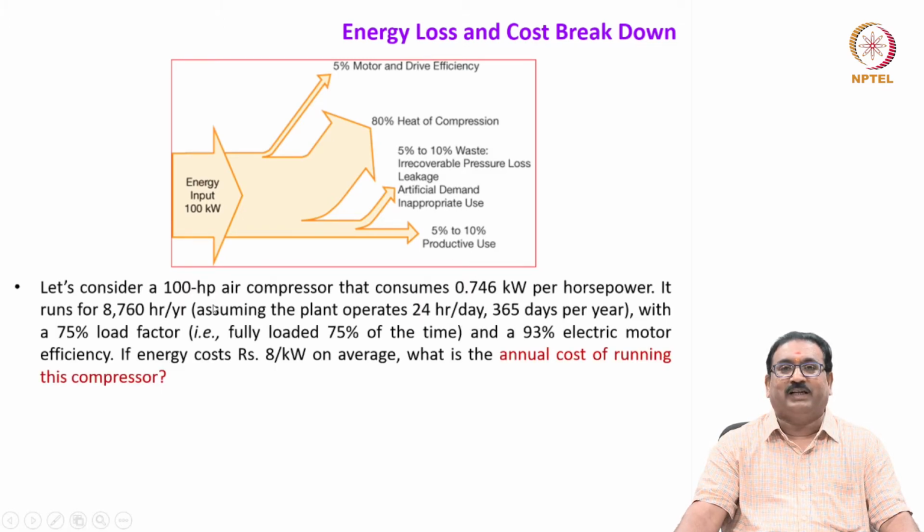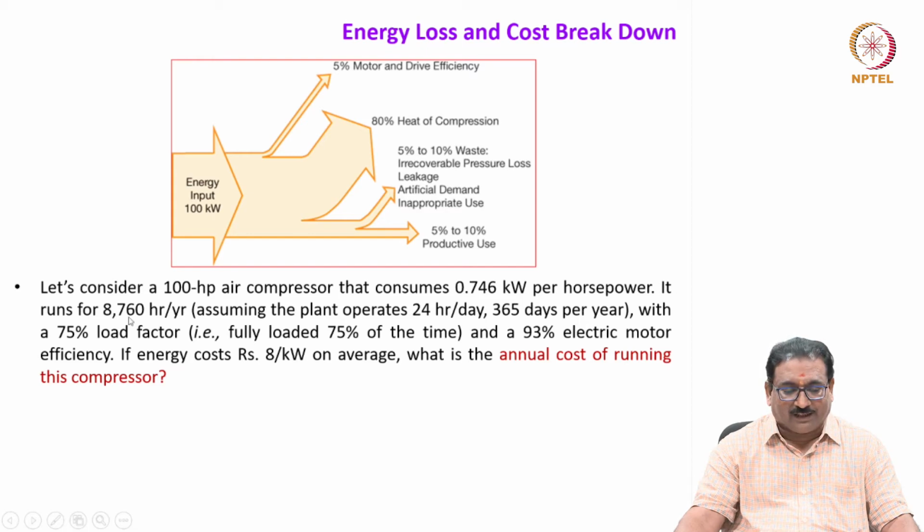For example, let us consider a 100 HP air compressor that consumes 0.746 kilowatt per horsepower. It runs for 8,760 hours per year. This is assuming the plant operates 24 hours per day and 365 days per year.